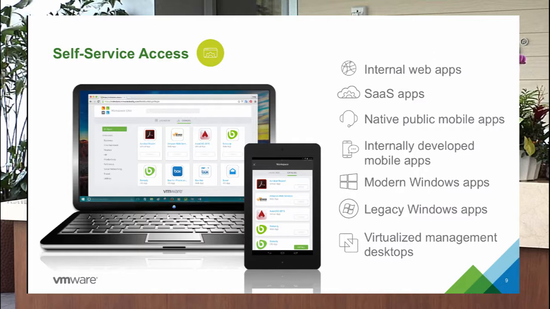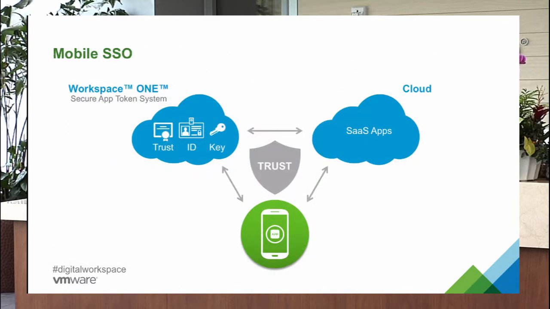Not only this, but then also giving them access into virtualized desktops so they can access their VMs from the same device in case they need a full desktop experience. And then to be able to do all of this with VMware's mobile single sign-on.